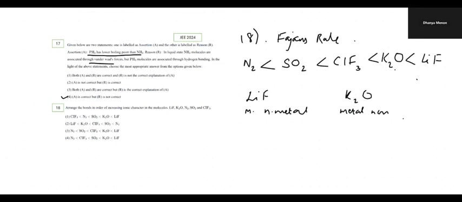Fluoride has a higher ionic character because the difference in electronegativity between lithium and fluorine is more than that of potassium and oxygen. So that is why we have placed them in this order.